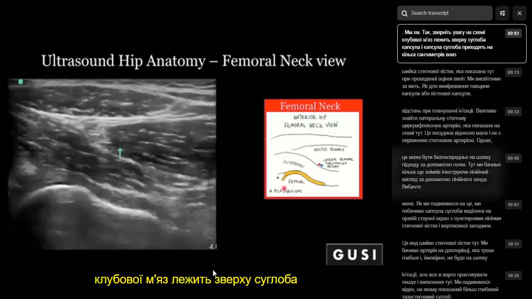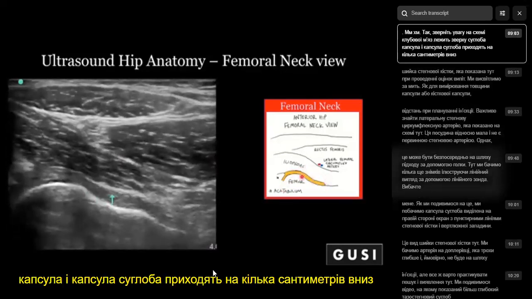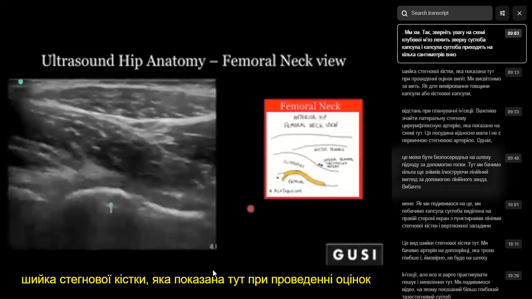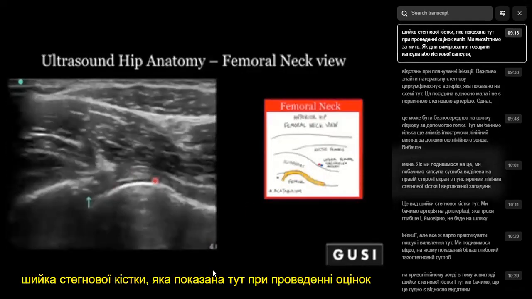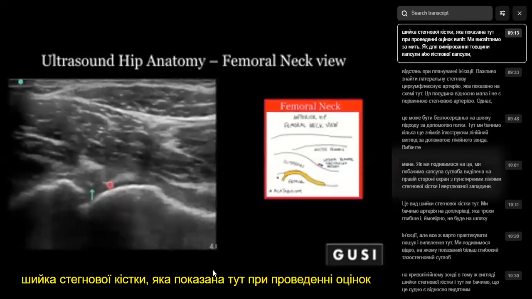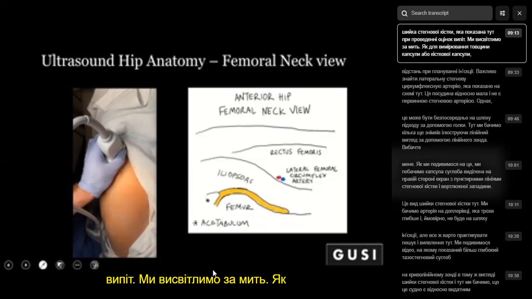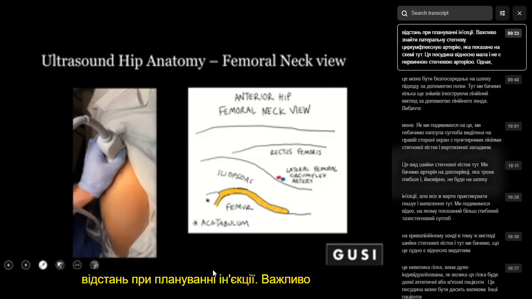Notice on the diagram, the iliopsoas muscle lies on top of the joint capsule, and the joint capsule comes several centimeters down the femoral neck, which is shown here. When making assessments of an effusion, we'll cover in a moment how to measure the capsule thickness or the bone capsule distance.